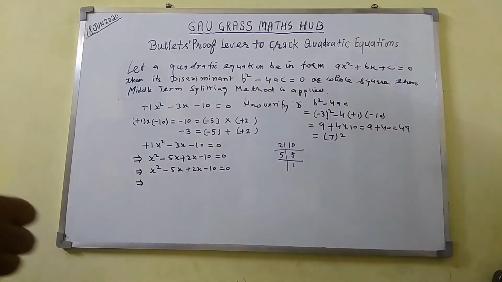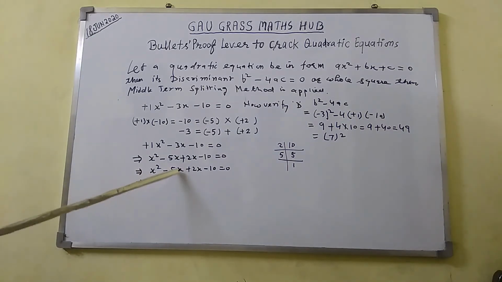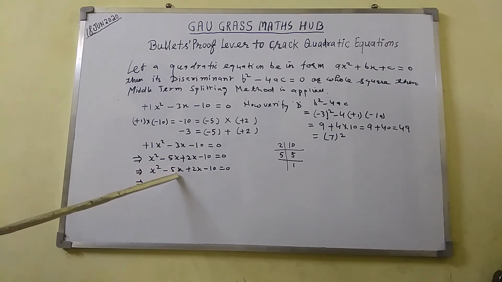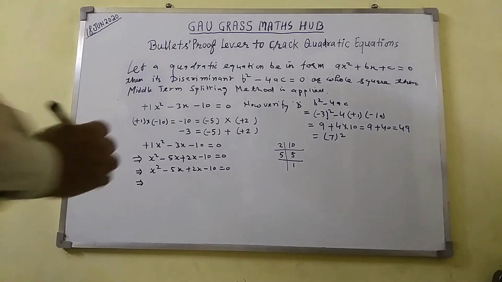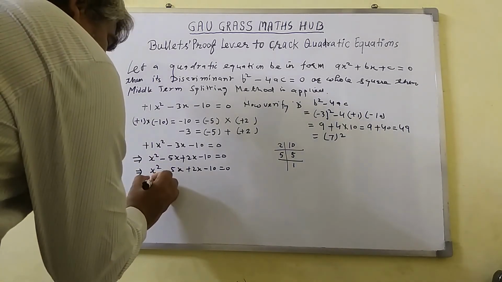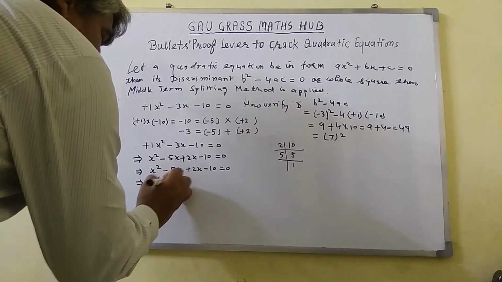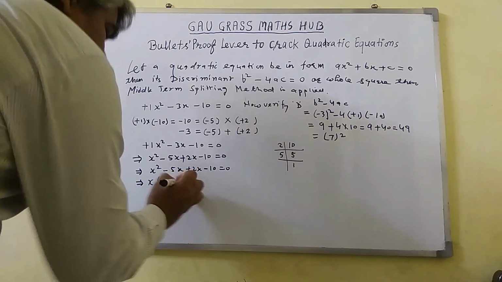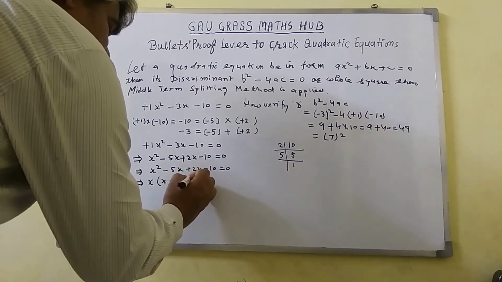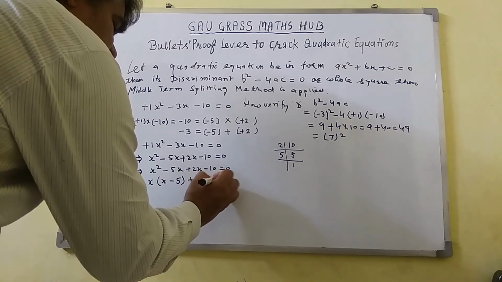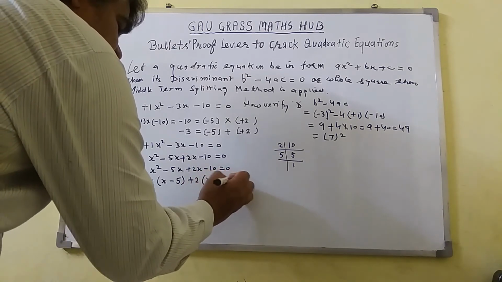Now here you can see in the first term and second term, x is multiplied in both. So take x as common; in bracket it will become x minus 5. And again here you will take 2 as common; in another bracket it will become x minus 5 equal to 0.